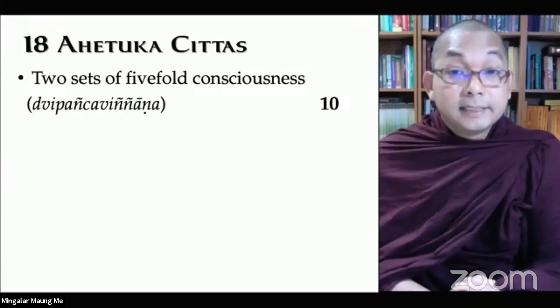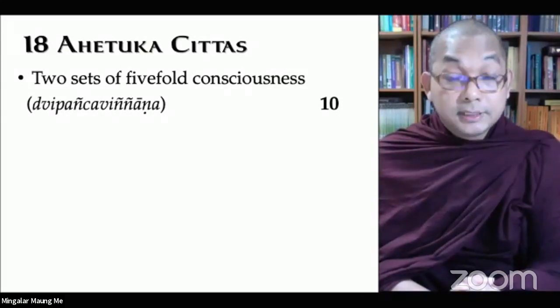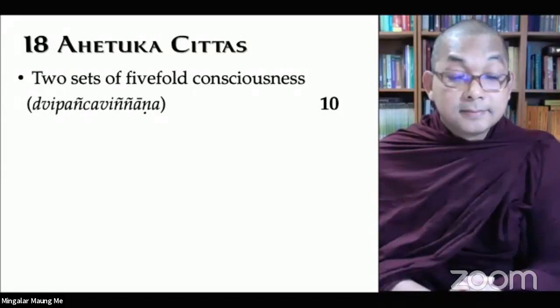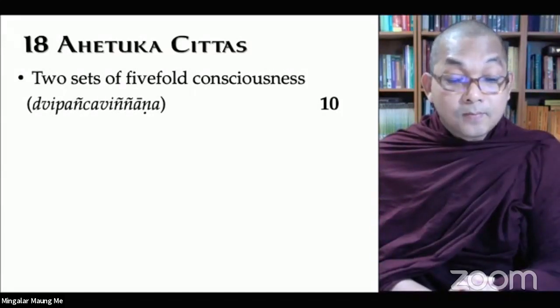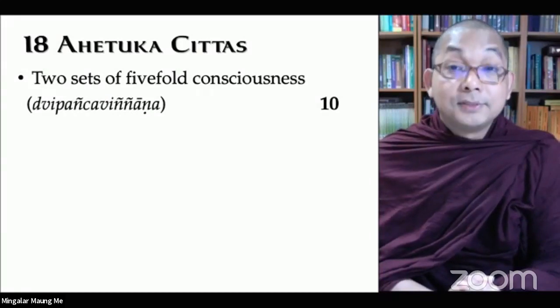Similarly, we have two sets of ear consciousness, nose consciousness, tongue consciousness, and body consciousness. Altogether ten, so we call it Dvipancavinnana, two sets of five-fold consciousness.